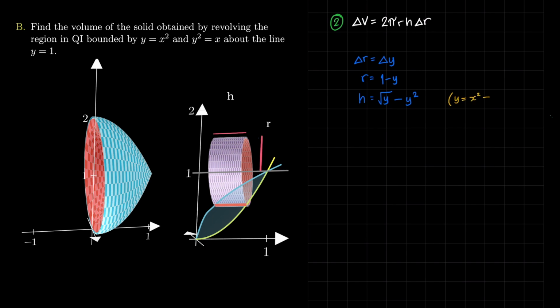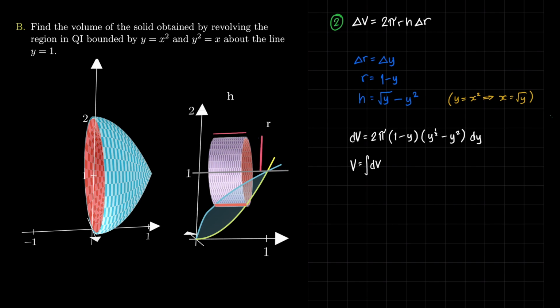Yung square root of y galing sa y equals x squared. So, dV is equal to 2 pi r, but r is 1 minus y, times h. But h is y to the 1/2 minus y squared times dy.